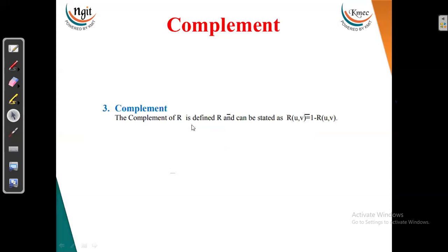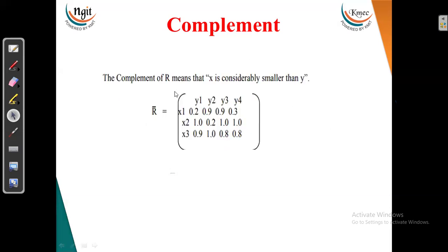Now coming to the complement. Generally, what is a complement? If you take the universal set as U, then you will take 1 minus the elements. Suppose in this example, you will take R complement equal to 1 minus the relation R. I remember in that relation the value was 0.8.